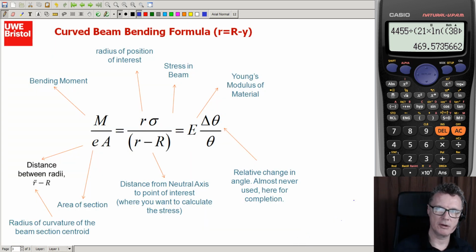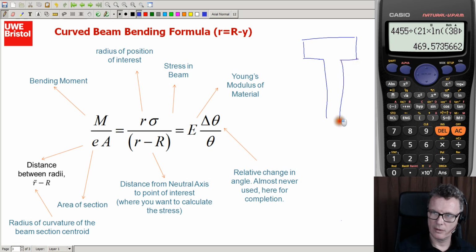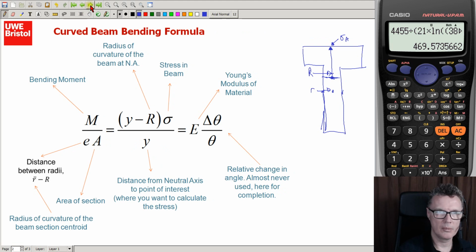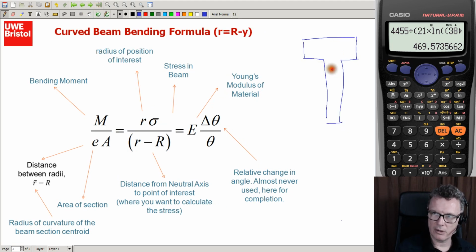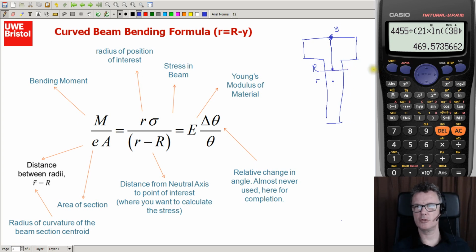it's looking like this. So I've substituted in that again. Let's look at our beam here. So you've got, which way around was it? We've got our big R here and our little r here, and we've got our point of interest here, which is our y, and y is measured from the neutral axis here, okay, as opposed to the centroid.